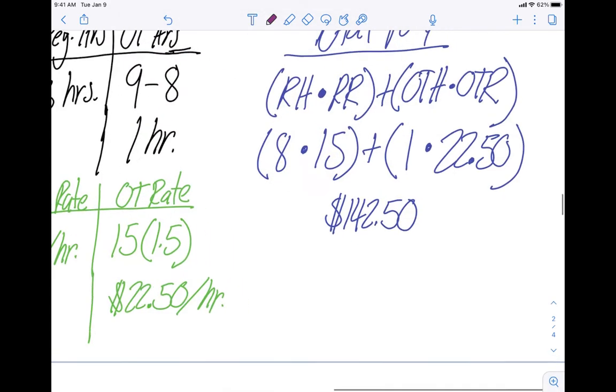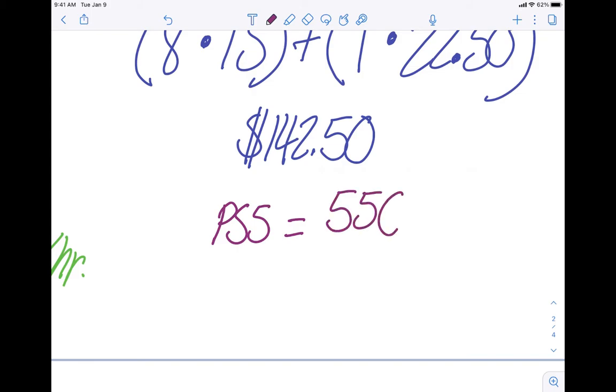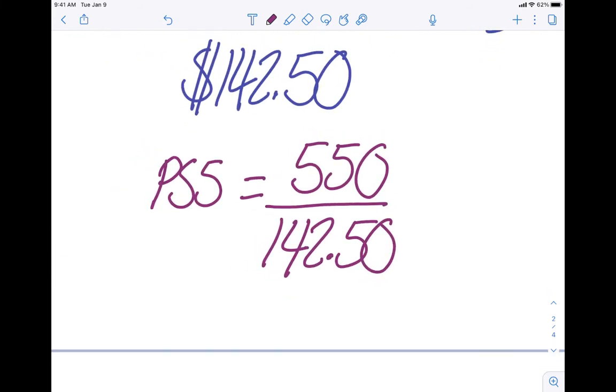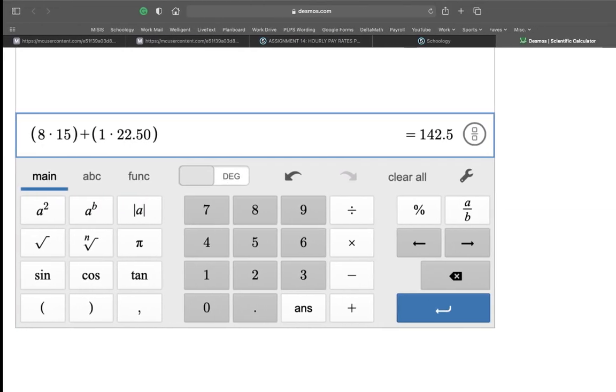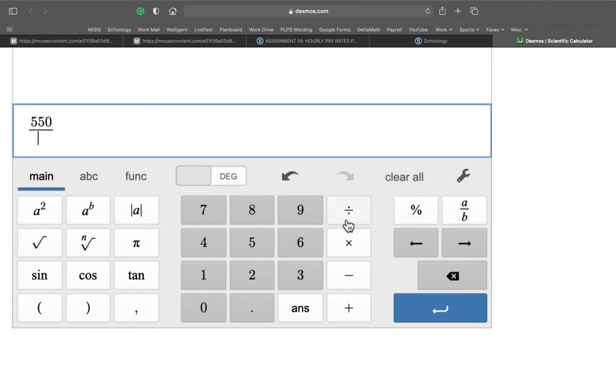So if a PS5 costs $550 and you make $142.50 per day, let's see how many days it's gonna take. Right? So 550 divided by 142.50.